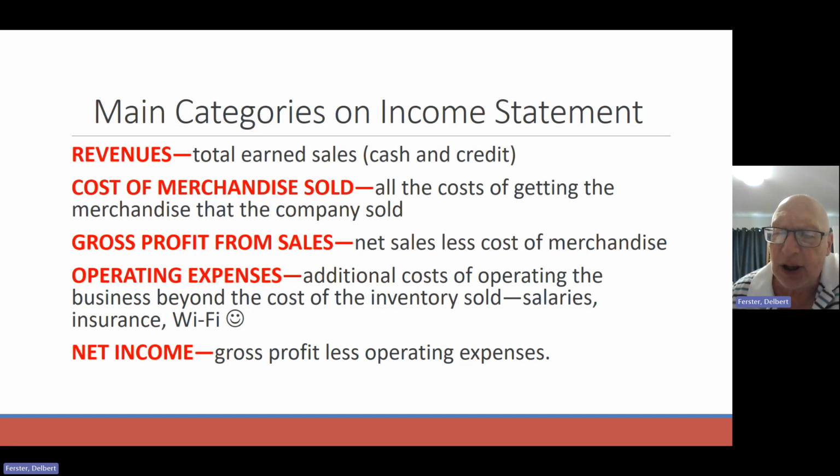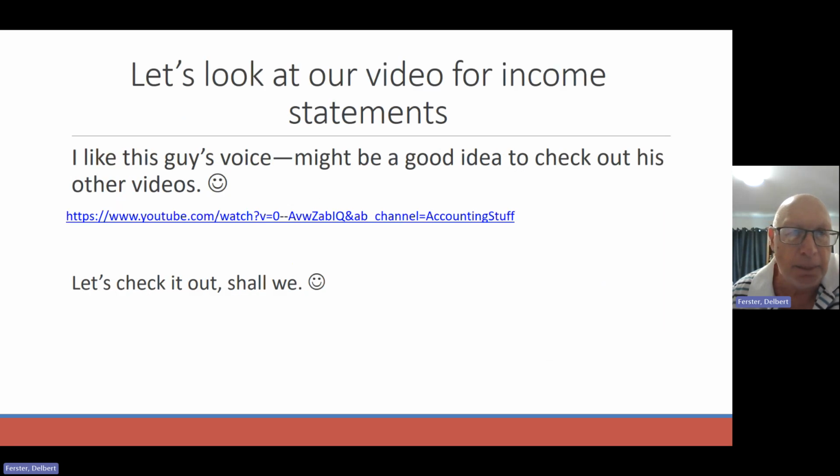We may have operating expenses, you certainly do, that don't have to do with the creation or manufacture of your goods: salaries for your workers, insurance for your properties and such. I always include Wi-Fi because you've got to have that for your customers to come visit. So we'll talk about net income basically being the profit after taking away those operating expenses. And if we do a good job, we will in fact have a net income.